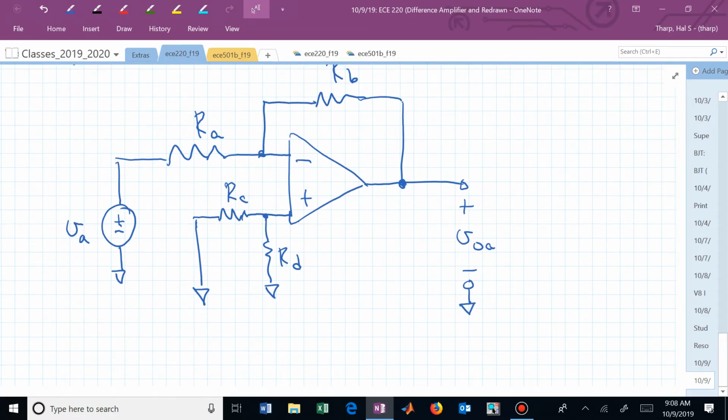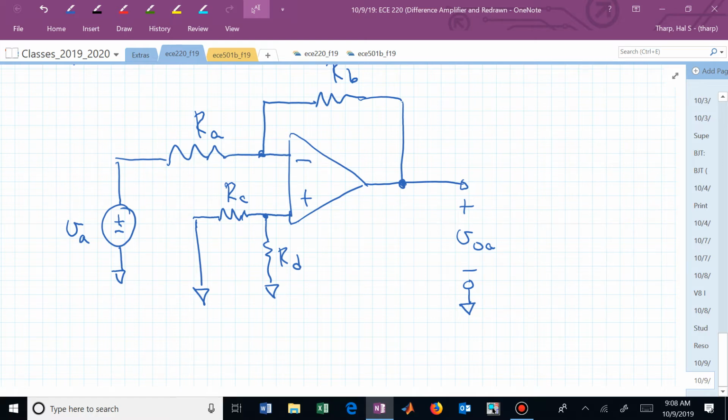If we now have this picture, maybe the first thing we want to do is, we're going to be probably writing KCL equations relative to the inverting node, V sub N, and that, since we have negative feedback, is going to be the same potential as V sub P. V sub N and V sub P are equal because of negative feedback.